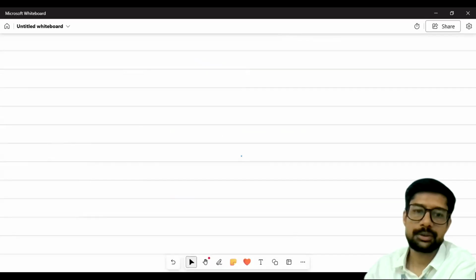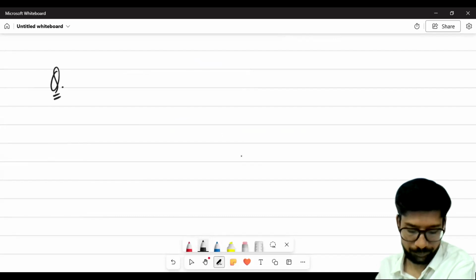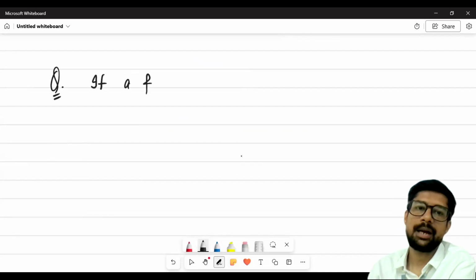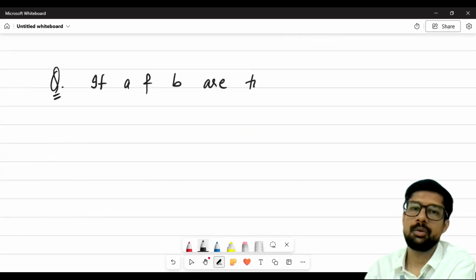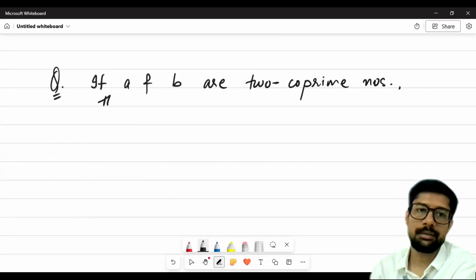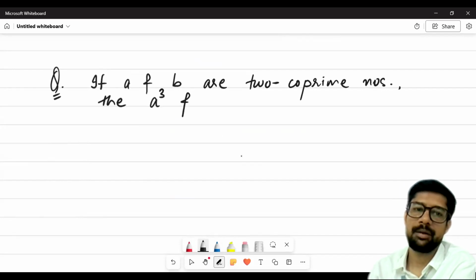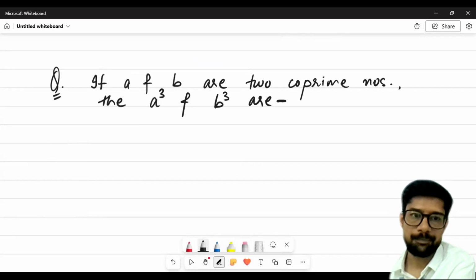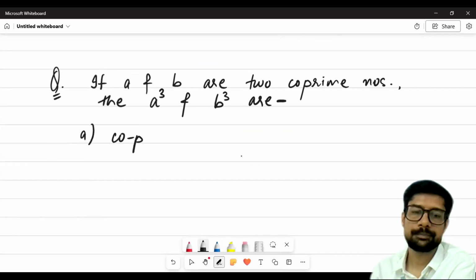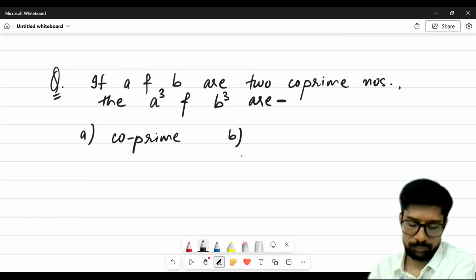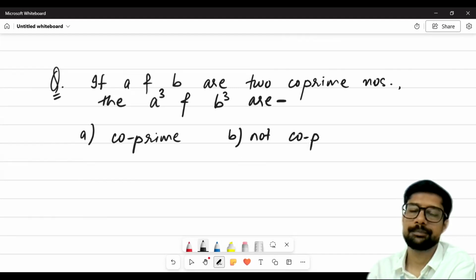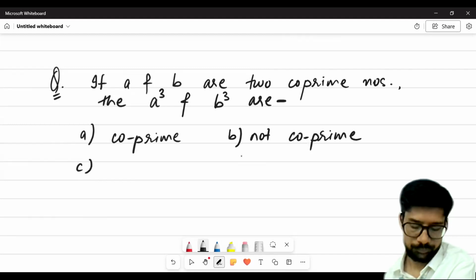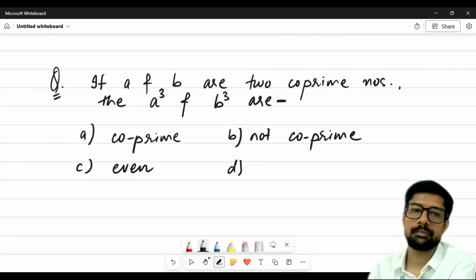Okay. Next range of question. Let's see. If A and B are 2 co-prime numbers, then A cube and B cube are: co-prime, not co-prime, even, odd.